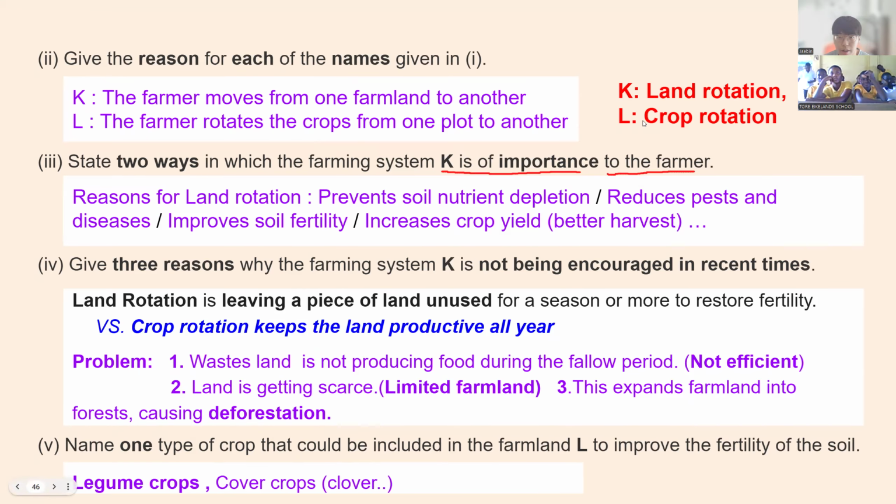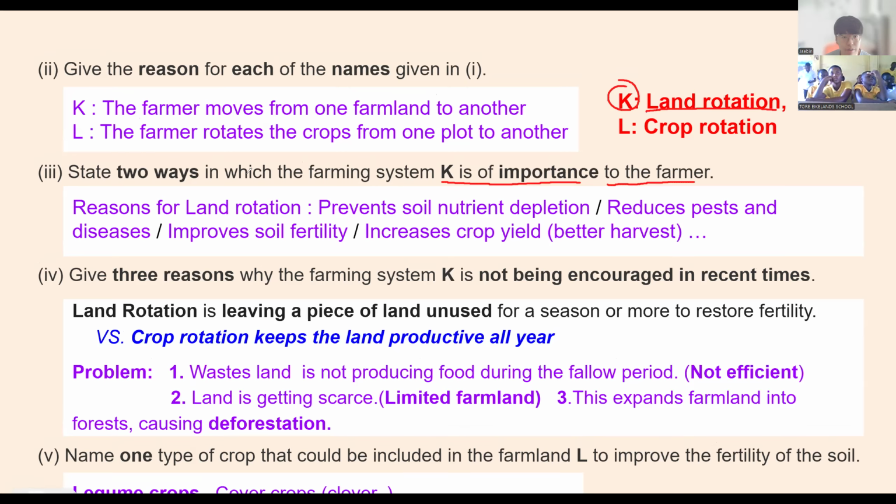The reason why farmers use K, the land rotation, is although it's not really efficient because you're leaving a lot of farmlands empty and you need a lot of land to cultivate the crops, it prevents soil nutrient depletion. So once you use a lot of different lands, then you're not depleting the nutrients because other areas have new amounts of nutrients. You'll never really run out.